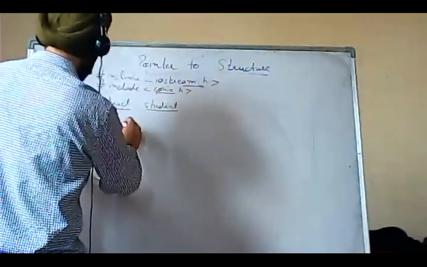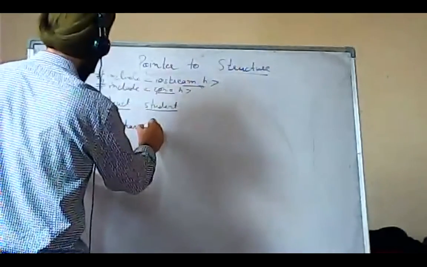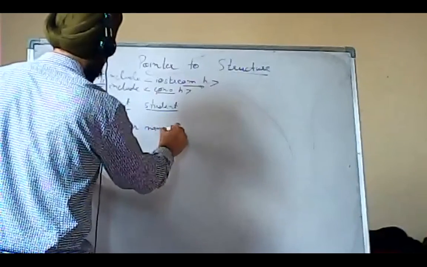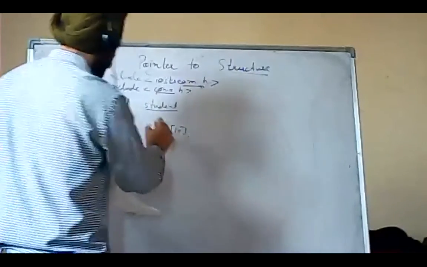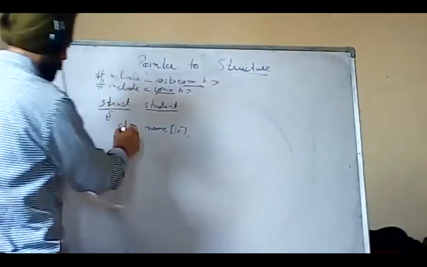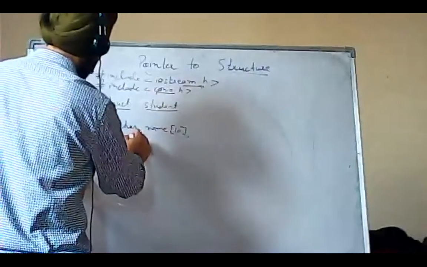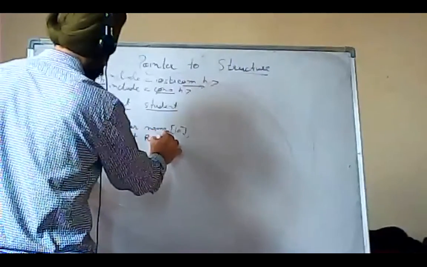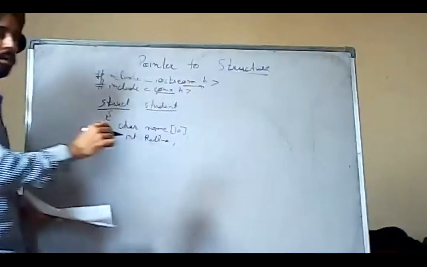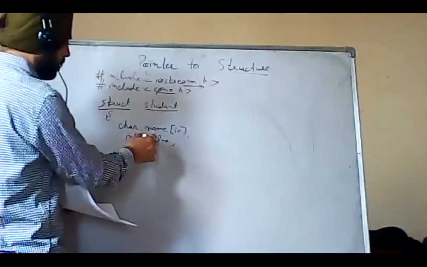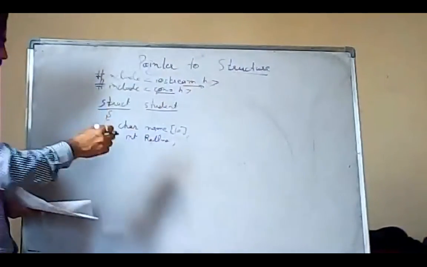Suppose the student structure has a name. So name is a variable to enter the value of the name. And second, suppose the student has a roll number. We declare the roll number as an integer type variable.